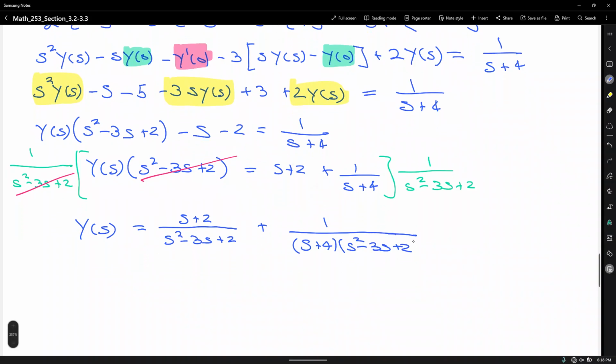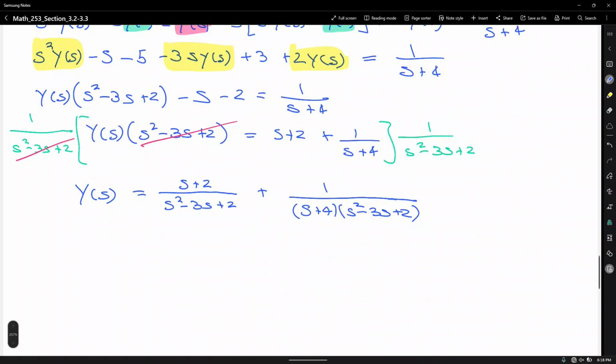Yes, it looks like a monster to find the inverse transform, right? Hold on. Let's actually factor all the denominators here. So y of s equals s plus 2 divided by the factored form of the denominator, which is, factors of 2 that add up to negative 3.